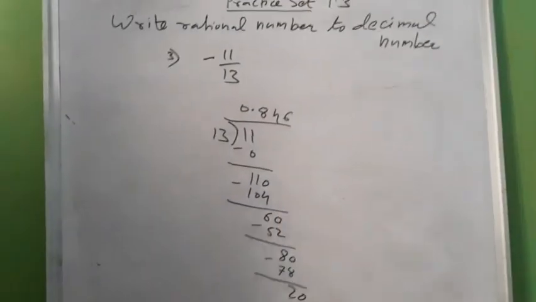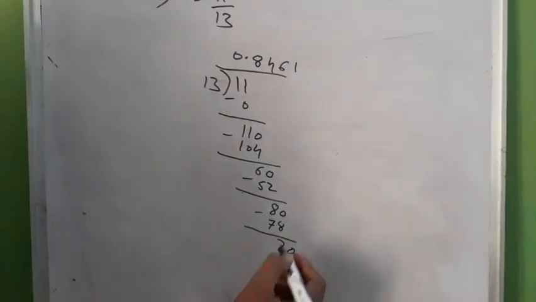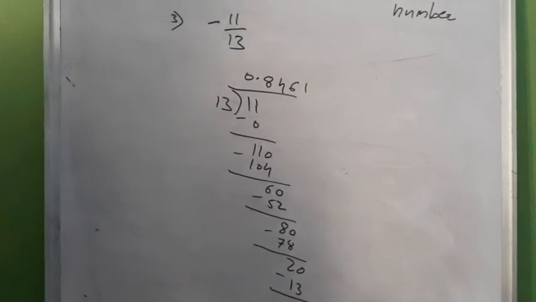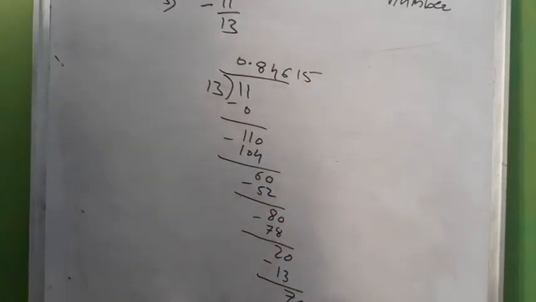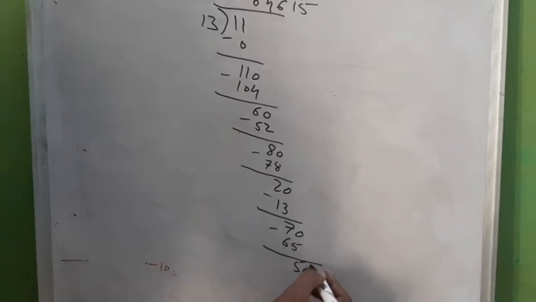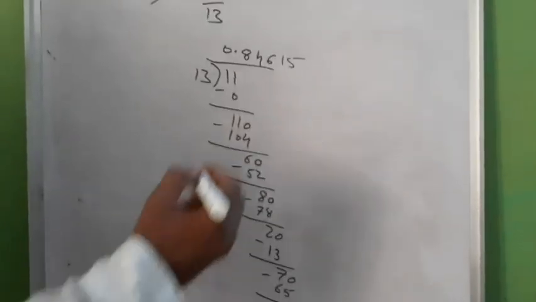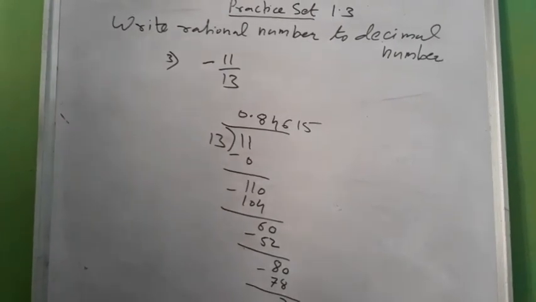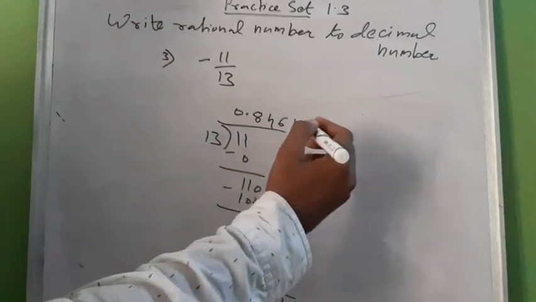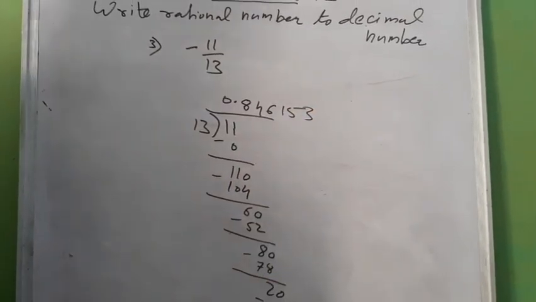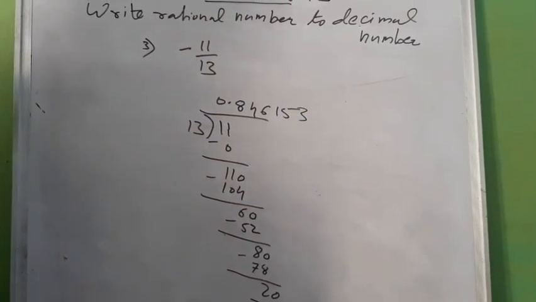One more 0. 13 1s are 13. 13 5s are 65. 13 4s are 52. 13 3s are 39.